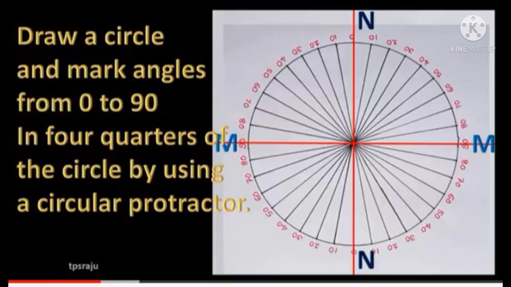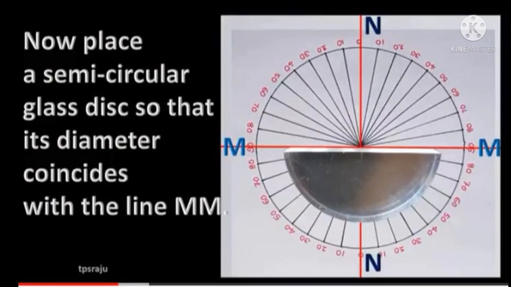Draw a circle and mark angles from 0 to 90 degrees in 4 quarters of the circle by using a circular protractor. Now place a semicircular glass slab so that its diameter coincides with the line MM.